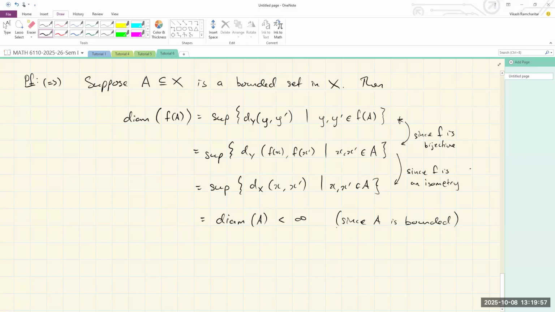You could say suppose f of A is bounded. So what if we suppose instead that this was bounded? Then this is equal to the diameter of f of A, right?